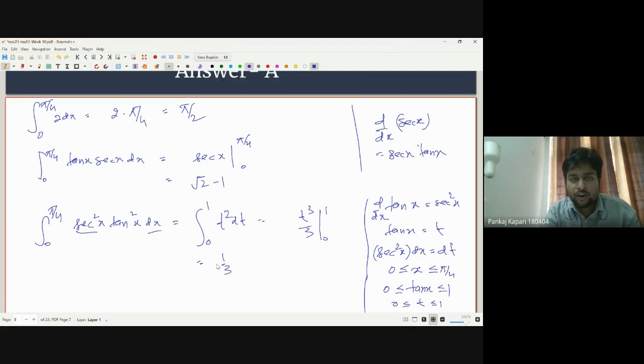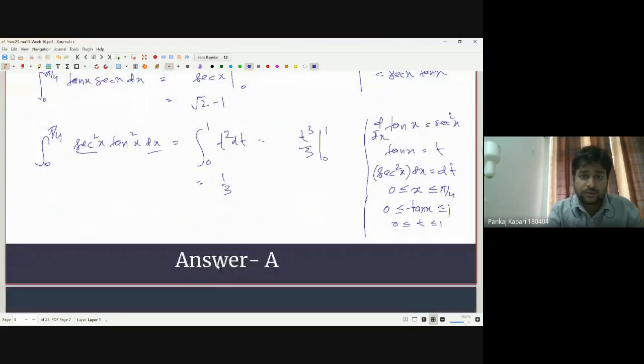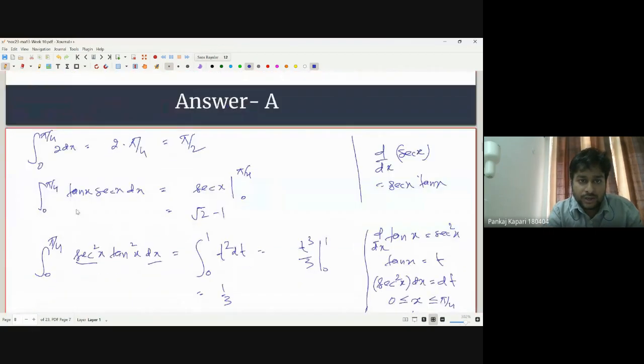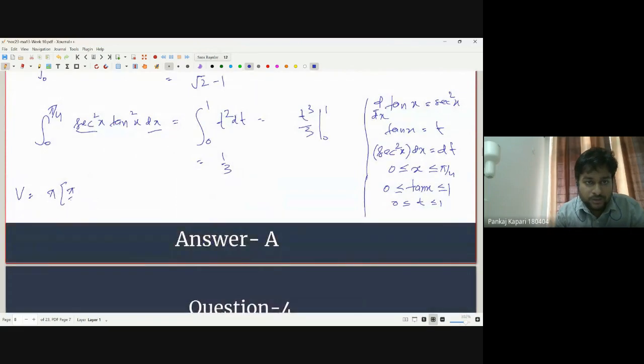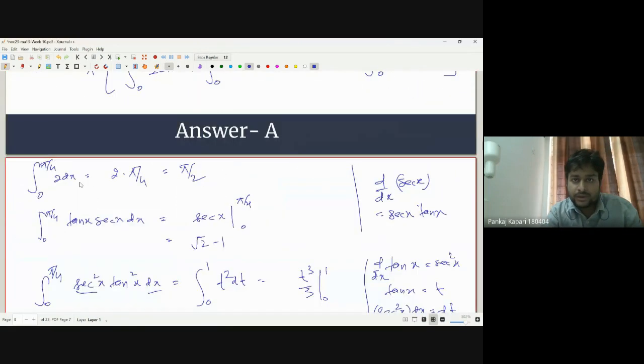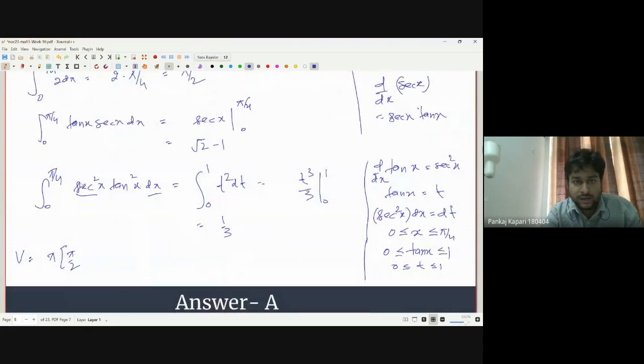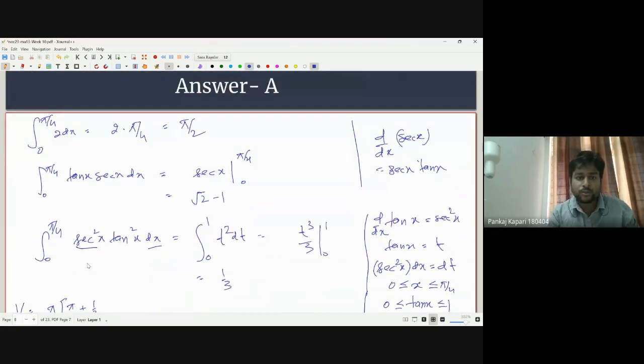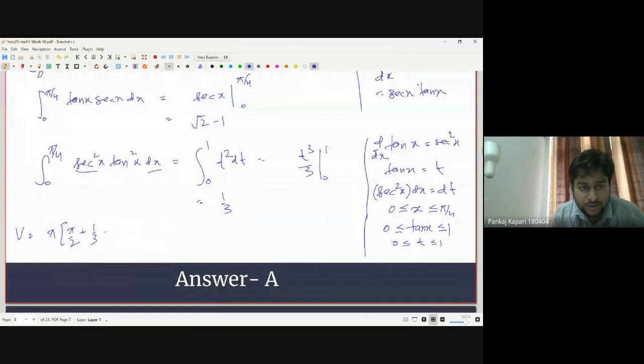Now we have all the values of the integrals, so we can find the volume. Pi was outside, and then the integral of 2 gave us pi by 2, plus the second integral, which is 1 by 3, and the last integral is 2 root 2 times (root 2 minus 1), with a negative sign outside.